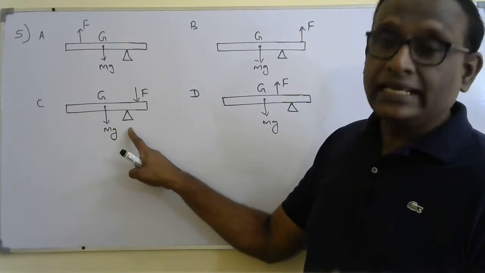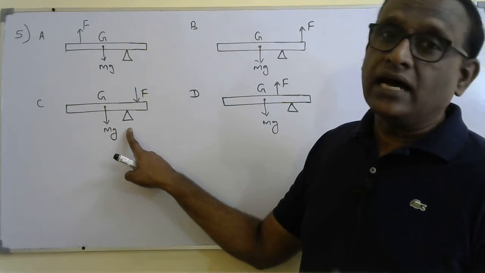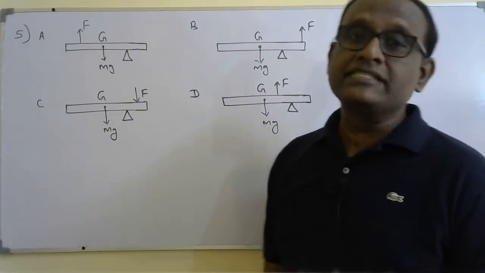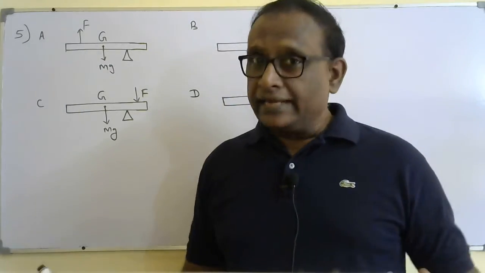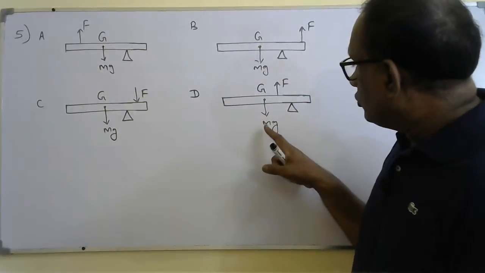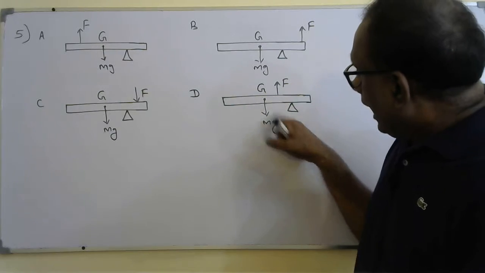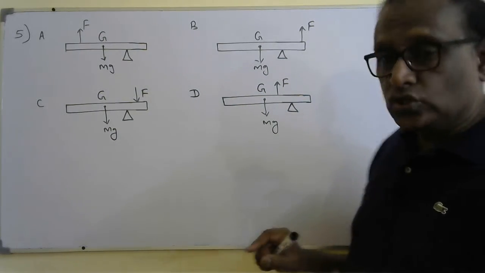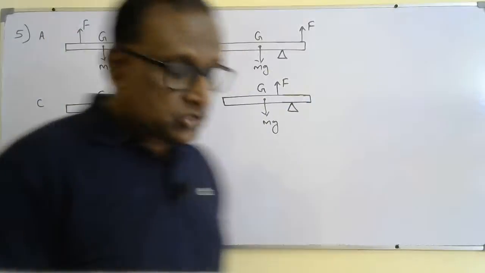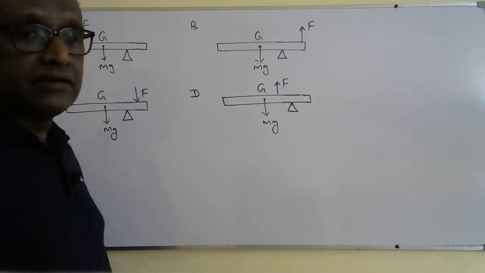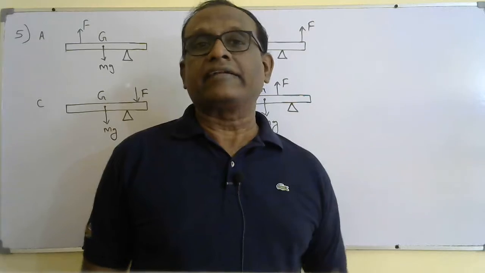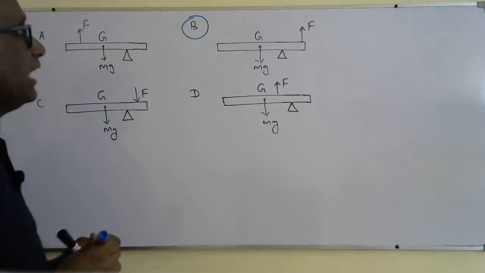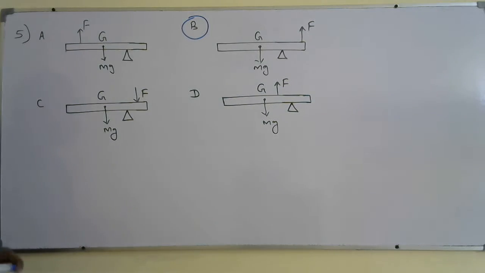So it could be at rest if the two moments have the same magnitude and opposite direction. They are in opposite directions. If they have the same magnitude, then they will be at equilibrium. Same way here also, the weight will provide an anti-clockwise moment, and the force will provide a clockwise moment. So this also could be at equilibrium. So the correct answer where the beam cannot be at rest is answer B. So question number 5, correct answer B.